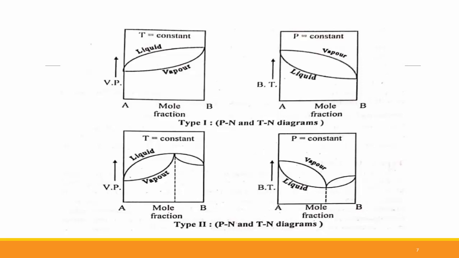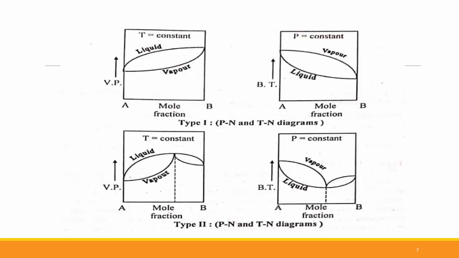In type 2, as we have already seen, the compositions meet at the maximum point C, where both curves meet. Here we see the vapor pressure diagram with respect to the mole fraction of liquid and vapor composition.